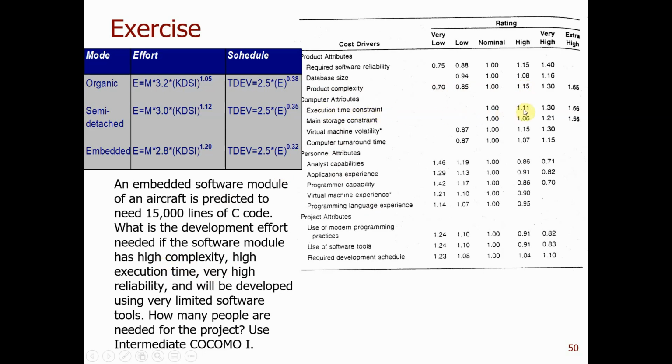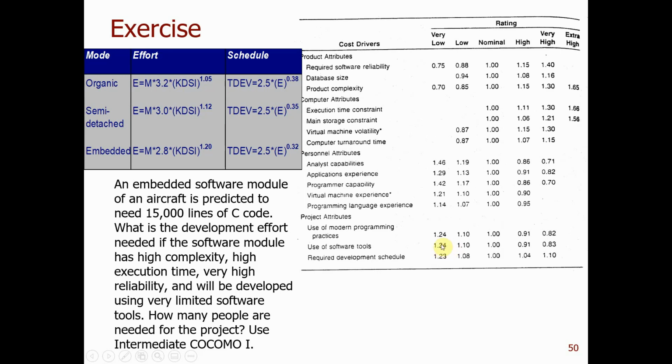Looking at the table, it is 1.11, so you're going to use 1.11. And the very high reliability is 1.4. And will be using very limited software tools. So tool use is very low, and this one will take 1.24.